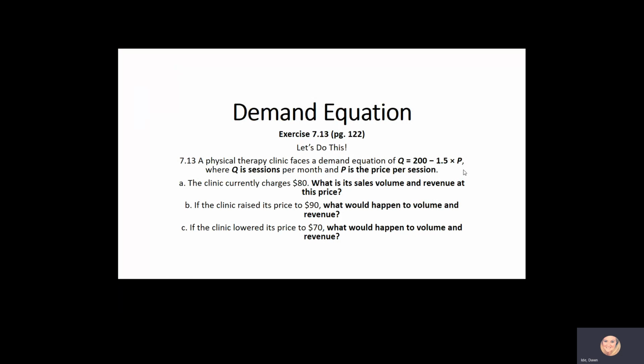So don't be afraid of it. I will show you where to put the numbers, and that's really what we're doing here. Q typically stands for quantity, and here Q is sessions. Sessions are basically our quantity. And P is the price per session. So Q is how many sessions we're having, and P is the price per session.